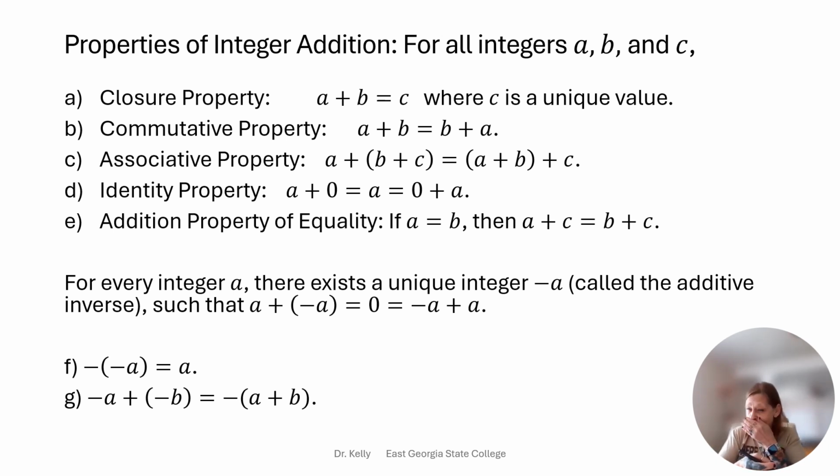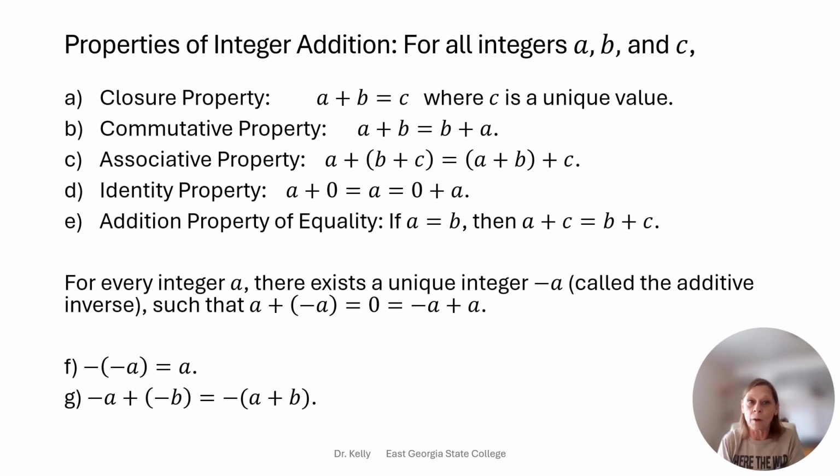Associative property, that means that you can group things around without it causing any harm. Identity property. a plus 0 is equal to a, which is equal to 0 plus a, which I just mentioned is the additive identity on the last page.